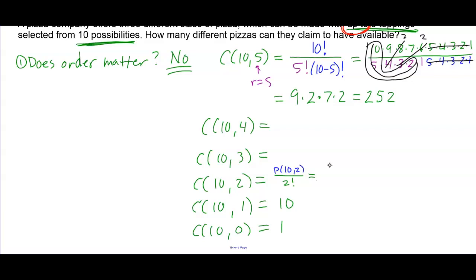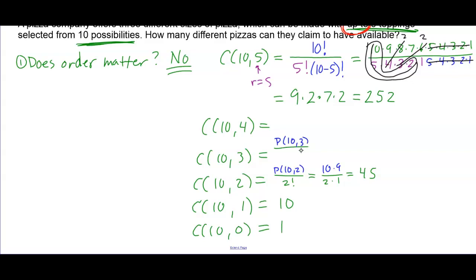And the reason I'm going to do this is P(10, 2) is just 10 times 9, and 2 factorial is just 2 times 1, and that's going to be 5 times 9 is 45.